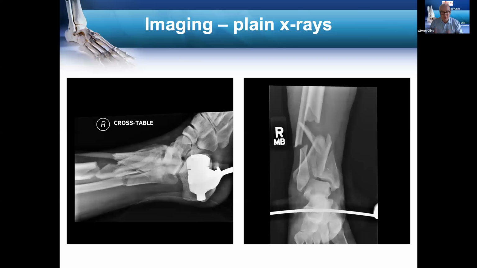But really you want a well centralized ankle shot, AP and lateral. Obviously, if the fracture is extending higher, you'll need to extend higher. But a nicely centered AP and lateral view gives you a good idea of what you're dealing with.